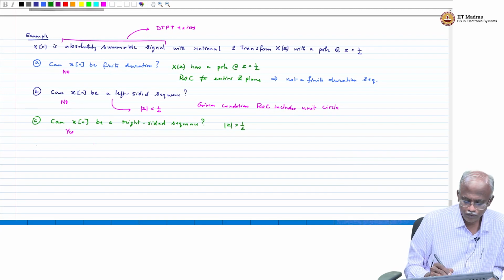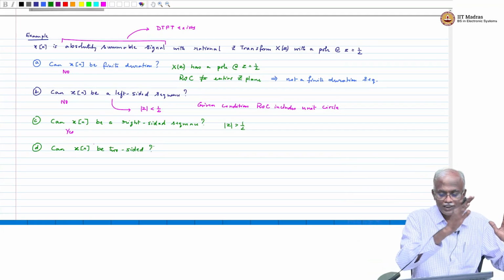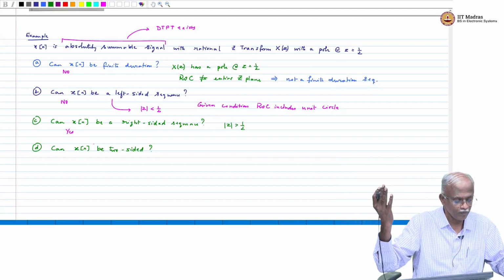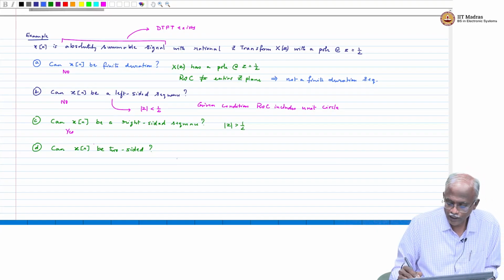Now the last question, can x of n be two-sided? Basically it is mod z greater than 1/2 but less than some value on the right hand side. So we are looking at a situation where mod z is greater than 1/2 and less than R_L.